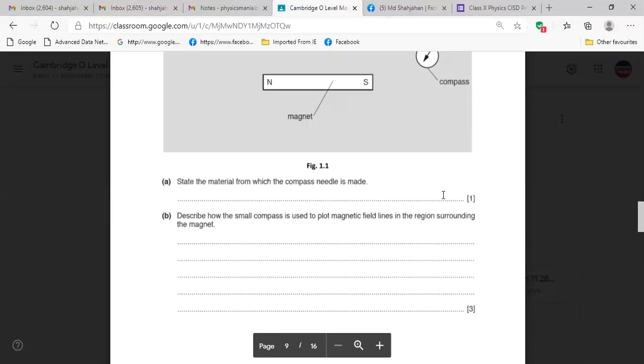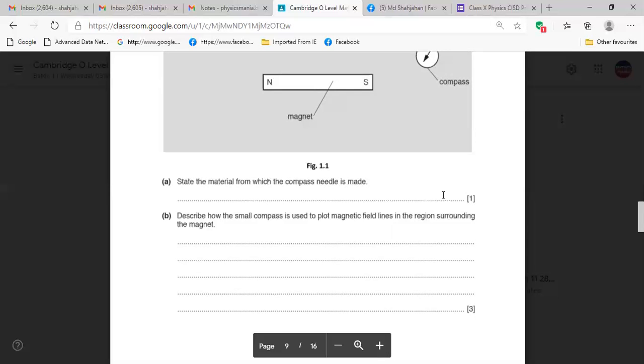What should we do? So, have you written? Sir, I can't understand how to write it. Okay, you don't understand how to write it.